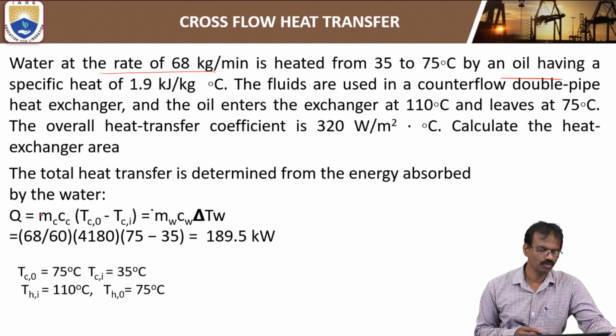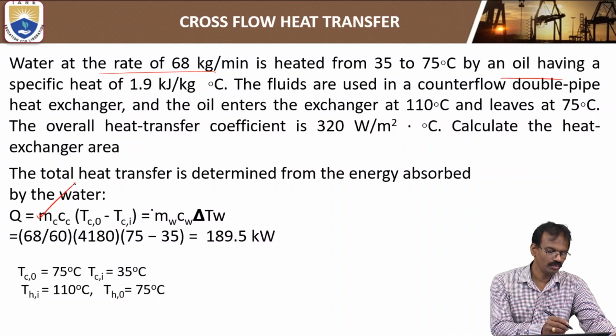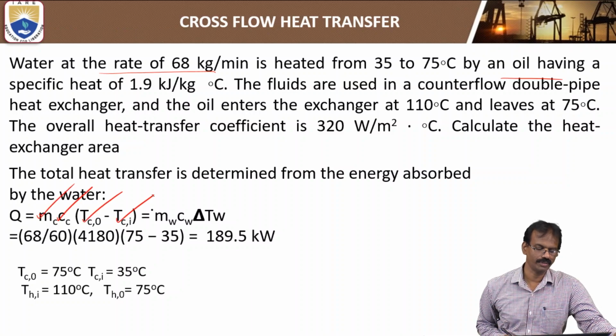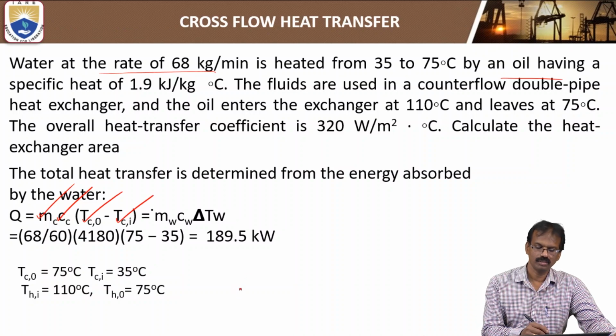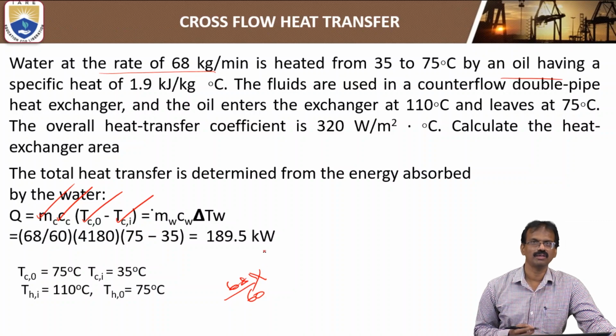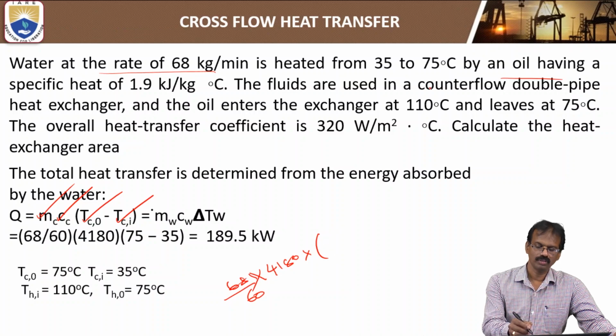Water means cold fluid. So m_c, c_c, and the cold fluid inlet and outlet temperatures are also given. So m_c is nothing but 68 by 60 kg per second into the specific heat of the water, 4180, into cold fluid outlet 75 minus 35.